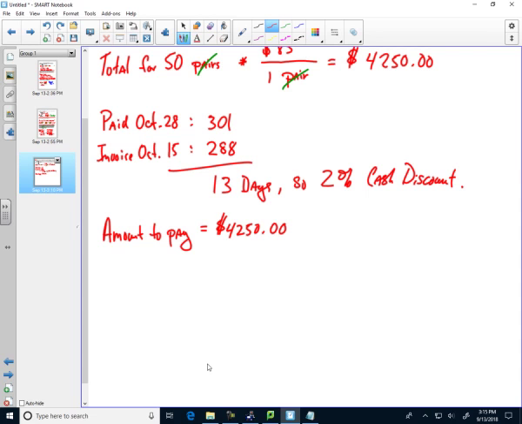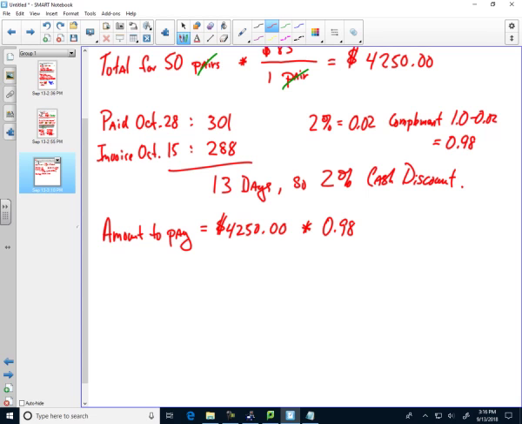Now what? What are we going to do now? Find your, is it component? Complement. Complement, yeah. See up here, 2% equals 0.02. What the book refers to as the complement of this is 1 minus that, 0.98. So that's what we're going to multiply. That gives us the amount we're going to pay. If you wanted to know how much we saved, you'd multiply the 4,250 by 0.02.